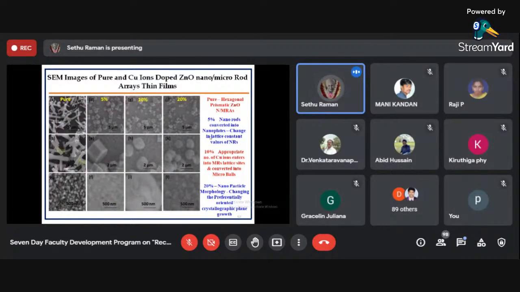These are all the SEM images of the pure and copper ions doped zinc oxide nano-micro rod arrays. You see here for the pure case, pure hexagonal prismatic zinc oxide nano-micro rods are developed in the undoped sample. You see that this portion is enlarged here, and beautifully, vertically standing zinc oxide nanorods.